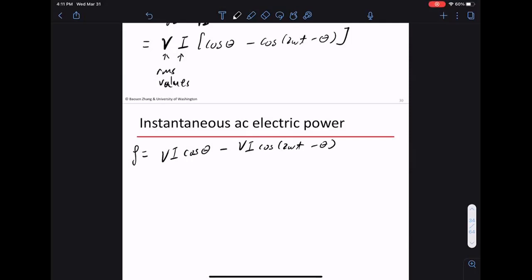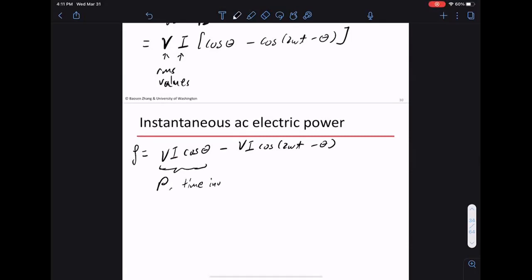What we want to call P is this first term, because this is a constant, or rather time invariant. It does not depend on time. So we want to call this P. This is the power we think of when we talk about how much power you're consuming, or when you're paying your electric bill in terms of power usage.